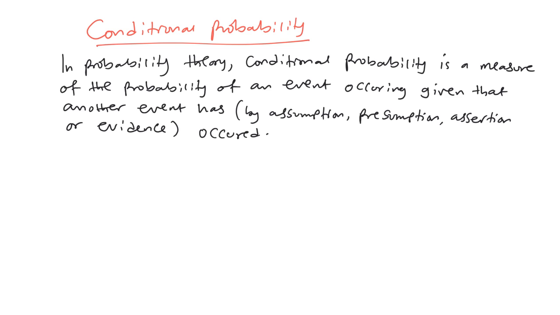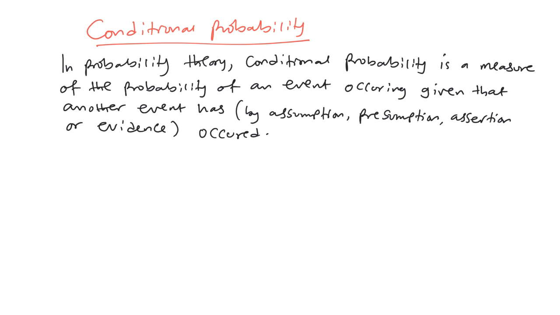So in probability theory, conditional probability is a measure of the probability of an event occurring given that another event has occurred. The occurrence of the first event affects the occurrence of the event of interest.